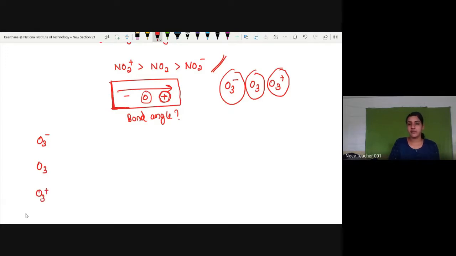So tell me the shape and geometry. What about O3 minus? What is the shape and geometry? Just find it. Is it clear for NO2 plus, NO2 and NO2 minus how we are comparing the bond angle?